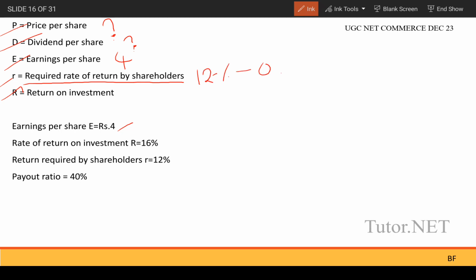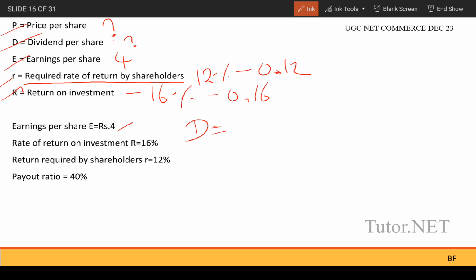This we can write as 0.12, and the next one is return on investment. This is 16%. From the question itself it is given, so this we can write as 0.16, and the payout ratio is 40%. First we have to calculate the dividend per share.